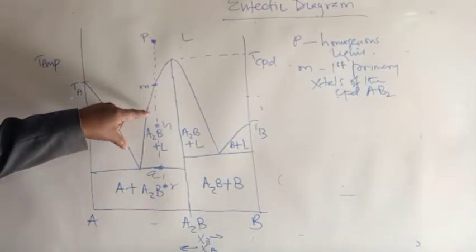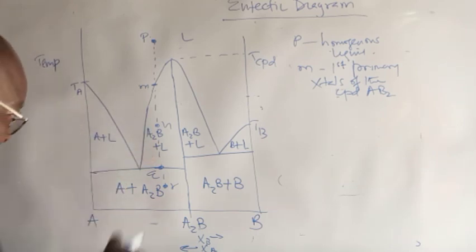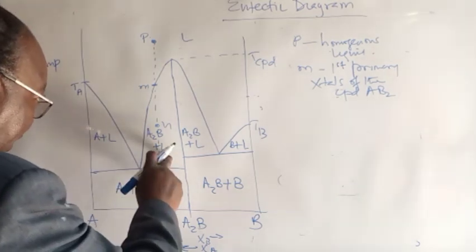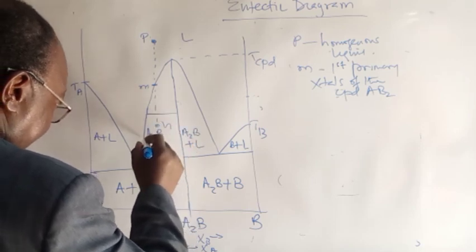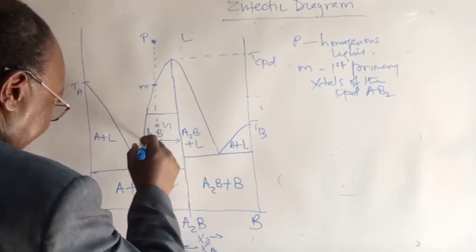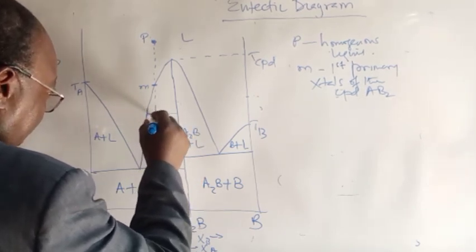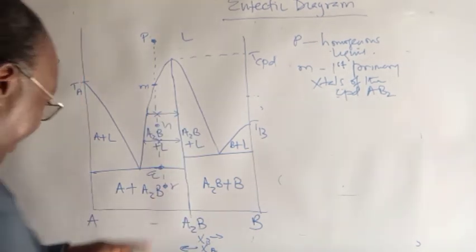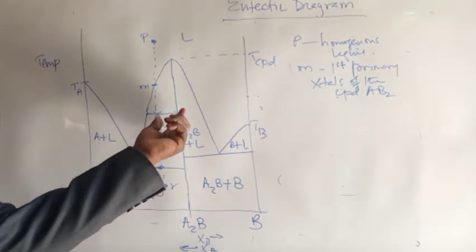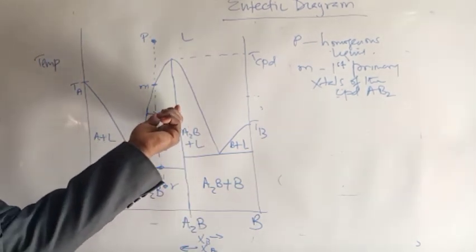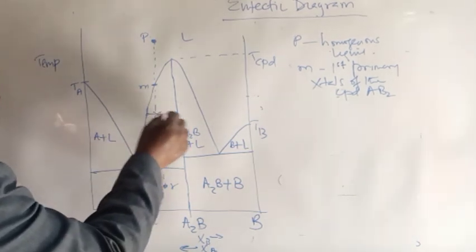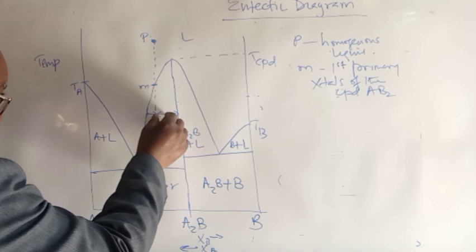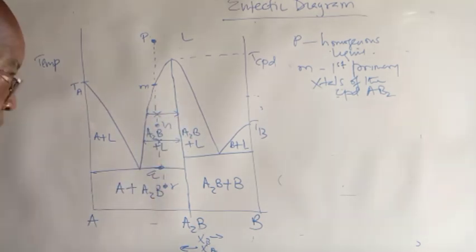As we continue, the relative amounts of AB2 and the liquid are given by the lever rule for these segments. Lever's rule says that the ratio of these two segments, one representing the liquid and the other the compound, gives you the relative amounts of these two quantities.